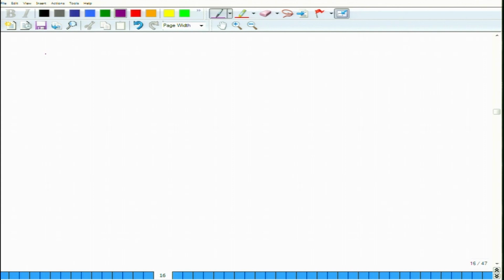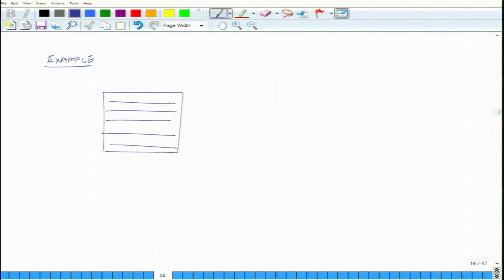So, example, the problem is that we have a lamina, fibers are oriented in this direction, and I am loading it in such a way that sigma L is equal to 3 MPa.